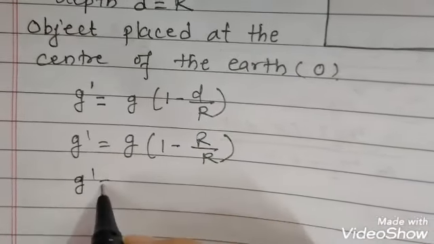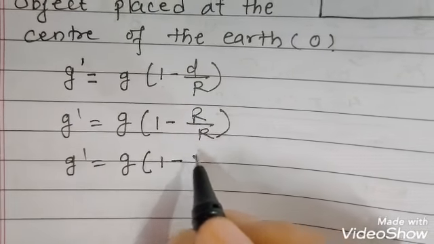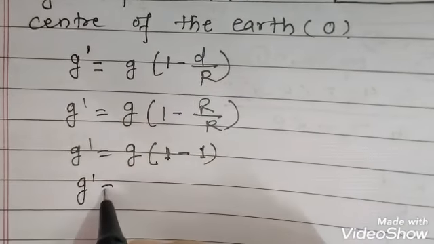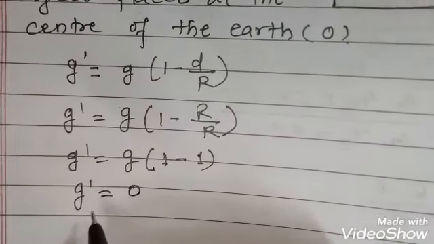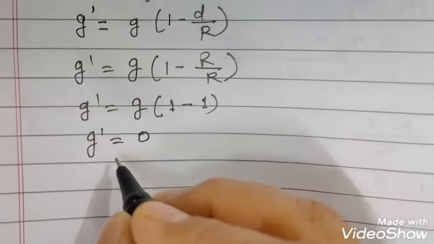Now g dash is equal to g into 1 minus 1, that will become 0. So g dash is 0. That means the value of acceleration due to gravity is 0 here.